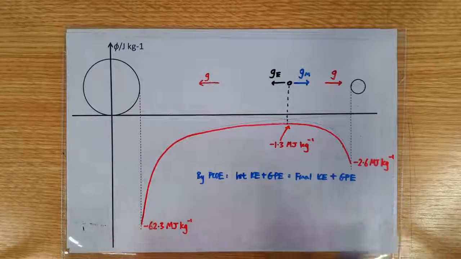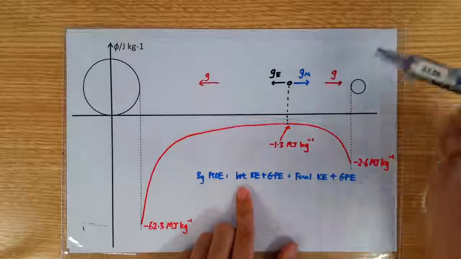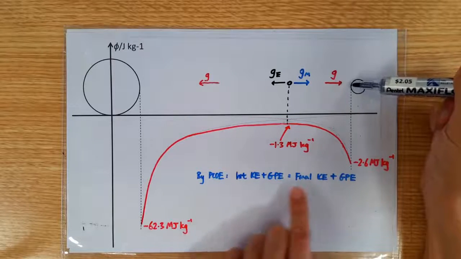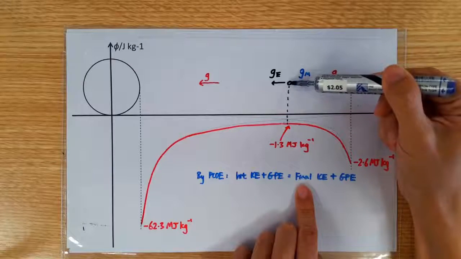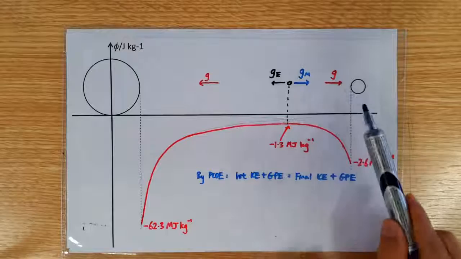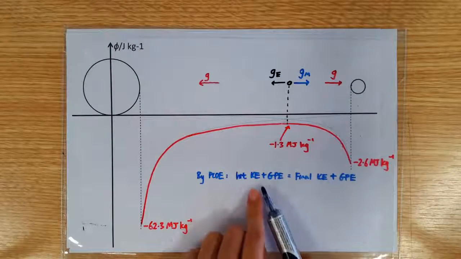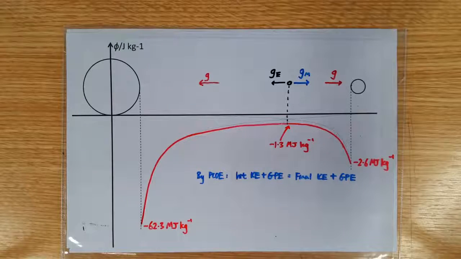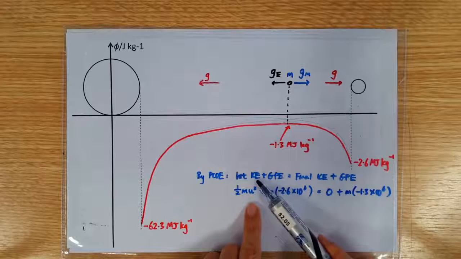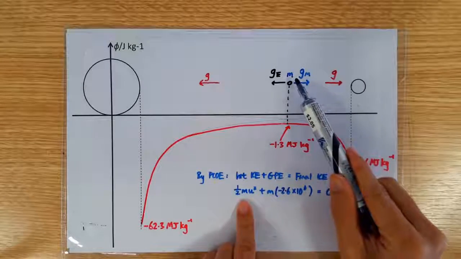To solve this problem, we are going to use the principle of conservation of energy. The initial position will be the surface of the Moon, and the final position will be at the null point. So as the stone is making its journey, it's just trading its KE for GPE. Therefore, at any position, the summation of KE and GPE should be a constant. We are going to write the initial KE as half mu squared, where small m is the mass of the stone.